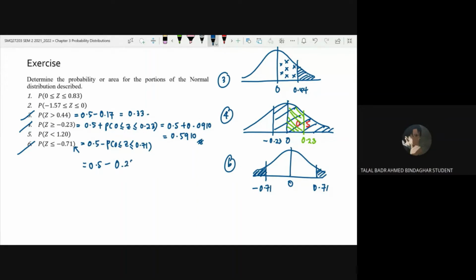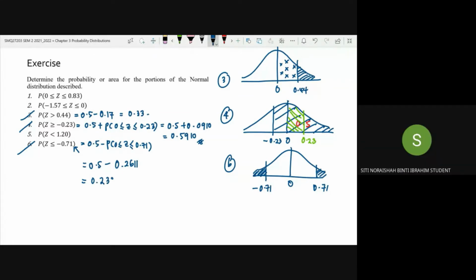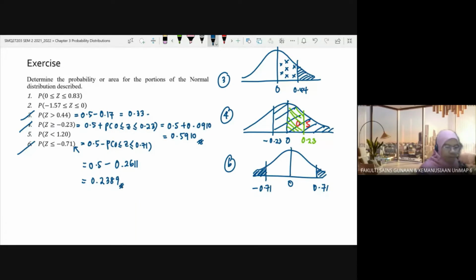So what is the value for the probability? 0.5 minus 0.2611. So it will be 0.2389. Correct. Okay. Now I imagine everyone have understood how to find the probability value using one standard normal only.